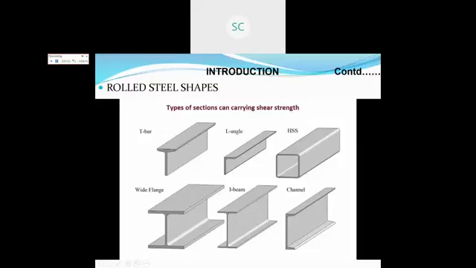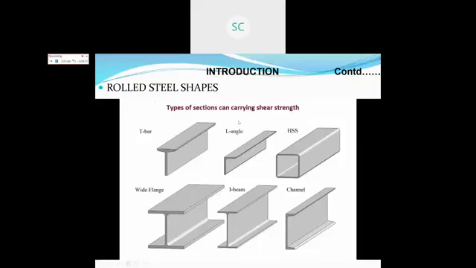So you can never change this section or the dimensions of this member. You have to use it as per the Indian Standard Code, and it is manufactured by the bigger companies. So this is called the rolled steel shapes and sections.